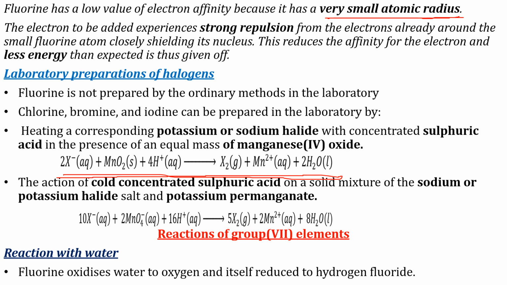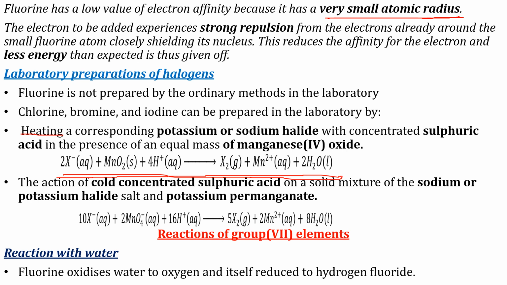So for the preparation of chlorine, bromine, or iodine, you'll be required to heat. Conditions in chemistry are very important. Many students lose marks in chemistry because of conditions. This reaction can't take place without heating. So if you just say potassium or sodium halide, it can mean anything like potassium chloride, bromide, iodide.